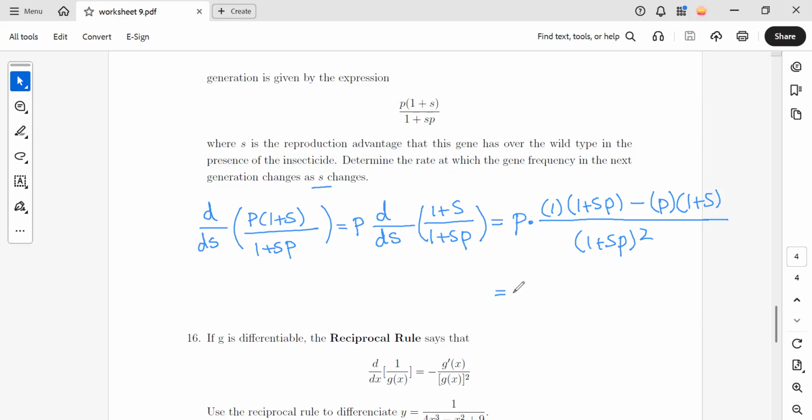So if we multiply them, we would get, let's keep P here, 1 plus SP minus PS minus P, sorry. So they are gone, and this is the same. So altogether, we would have P times 1 minus P all over 1 plus SP squared.